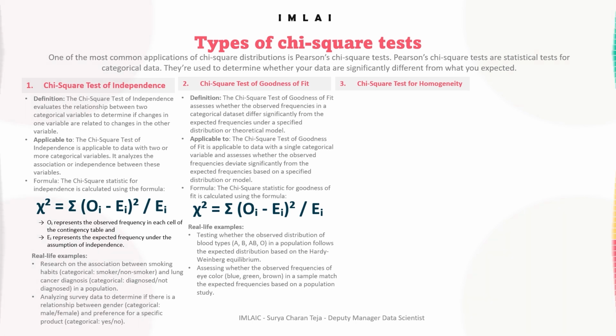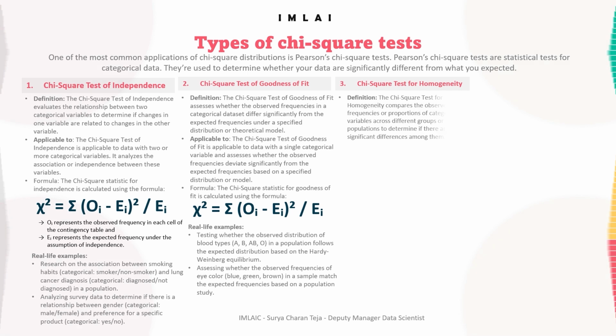So how do we define that? The chi-square test for homogeneity compares the observed frequencies or proportions of categorical variables across different groups or populations to determine if there are significant differences among them.